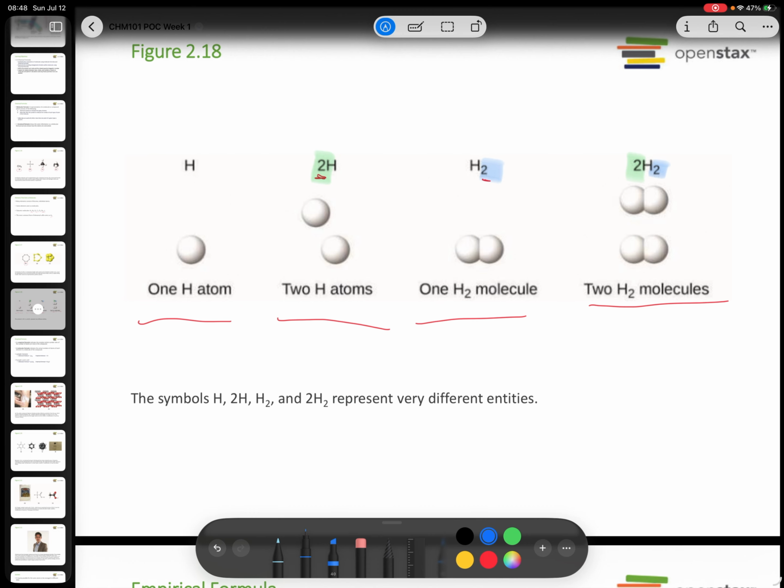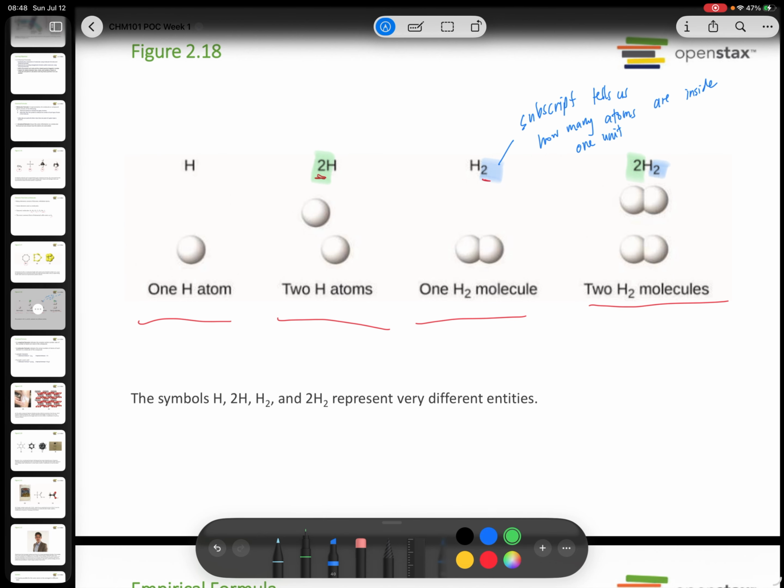Let's write that down. Subscript tells us how many atoms are inside 1 unit.